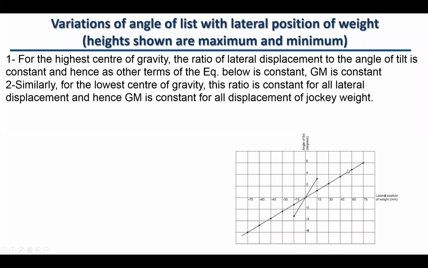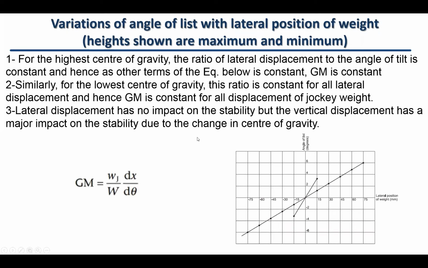And similarly, for the lowest one, we have better evidence for that. You can see the ratio of dx, or delta x, over d theta, or delta theta, is the same, is fixed. The slope, or the gradient, of this line is constant. And we can say, for example, once the second term of this equation is constant, the first term that we know is constant because we didn't change the WG or the capital W, all of them are the same.